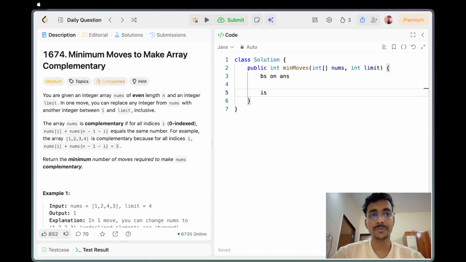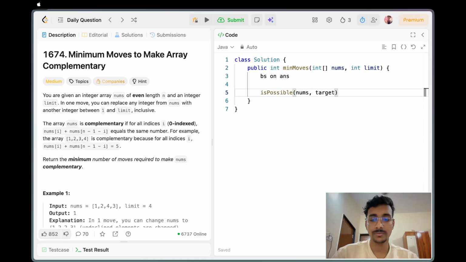Let's say I have a function isPossible, which will have nums and a target.